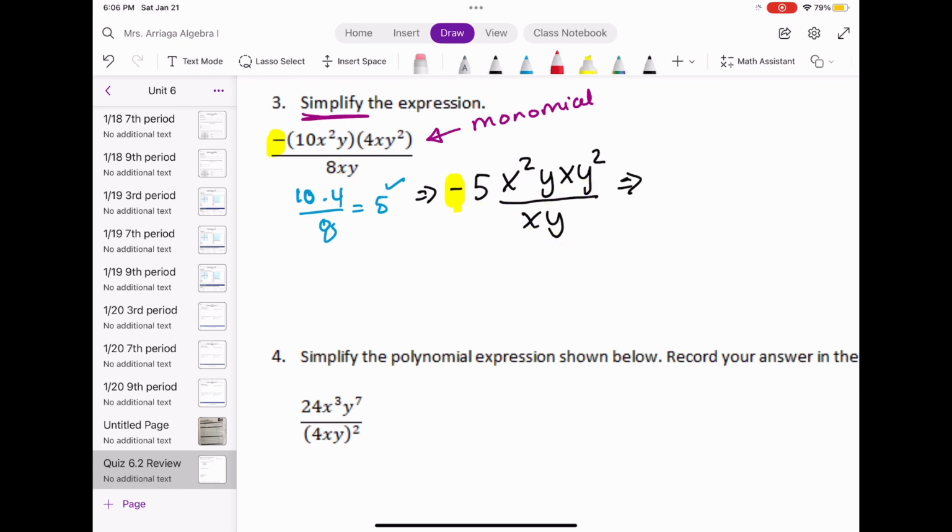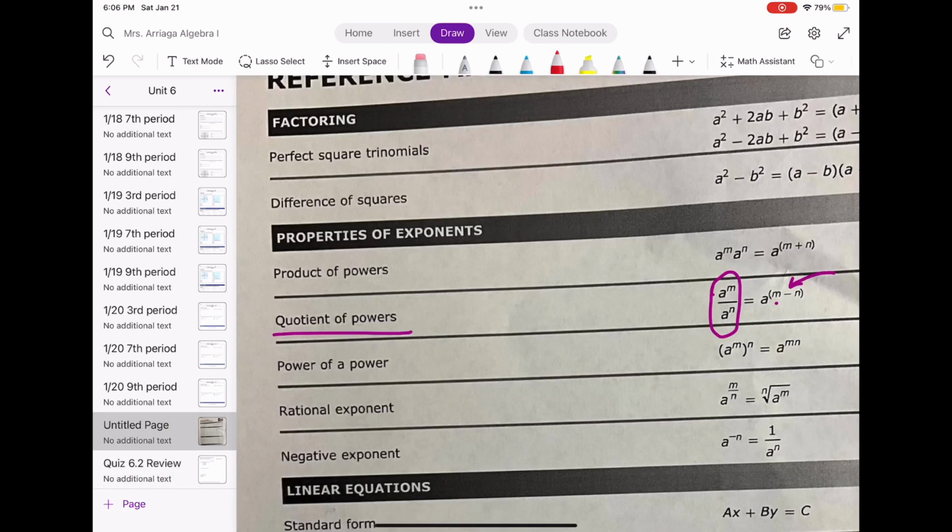Okay, from here, instead of multiplying, you can start dividing. So you can divide that single x with the bottom x. That's something that I would do because they would cancel each other. Let me explain why. The quotient of powers rule says that when you have the same base and they're being divided, the exponents subtract.